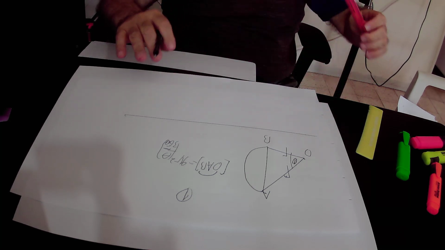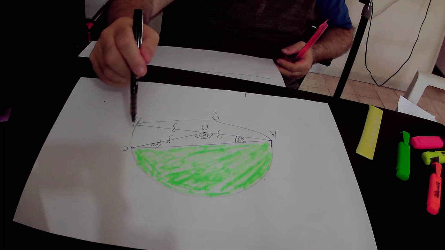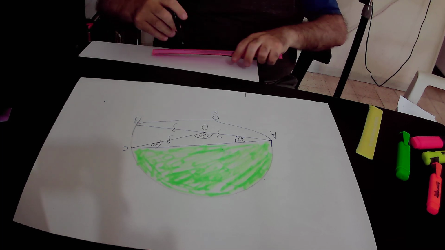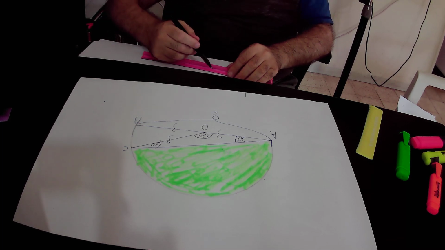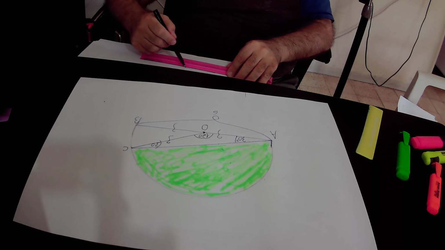We use this formula in order to find out the area of sector AOC. So I copy sector AOC here in a new page, and we use the formula to find out the area of this sector.